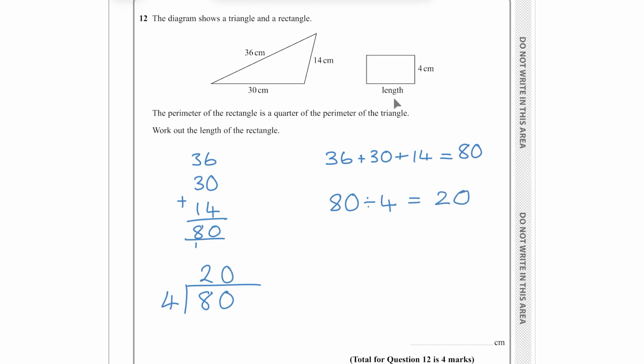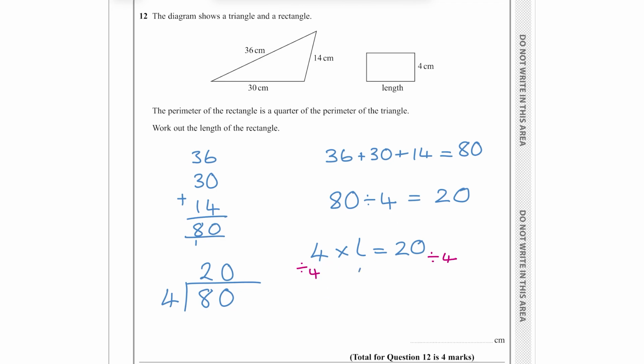And then that's the perimeter of the rectangle, and the length we don't know. So 4 multiplied by the length equals 20. And then we're going to divide by the 4. This is just like an algebra equation, like 4L equals 20, so length equals 5.